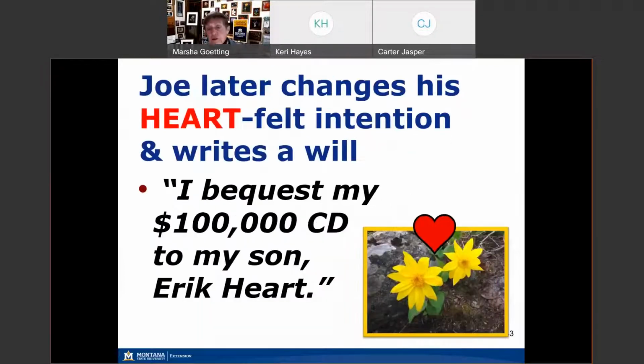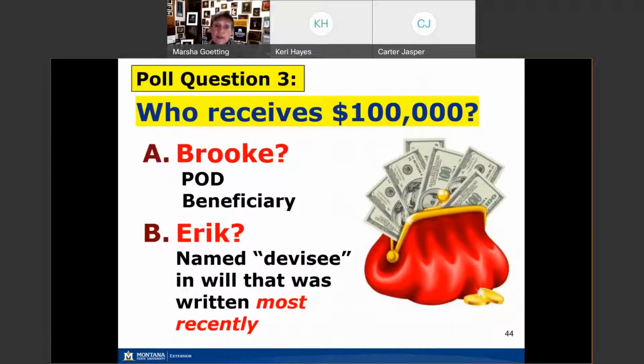Well, then later, Joe changes his mind. He changes his heartfelt intentions, and he now bequeaths the $100,000 CD to his son, Eric Hart. So you could guess what I'm going to ask you. Who receives the $100,000? Is it Brooke or is it Eric?